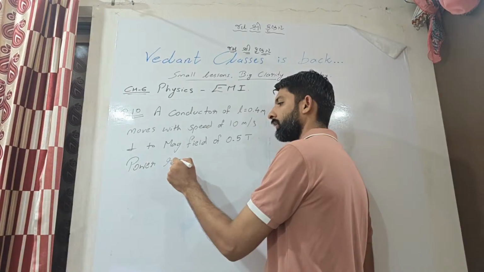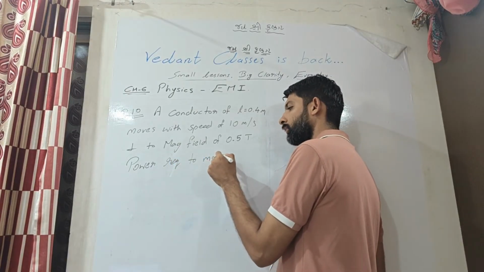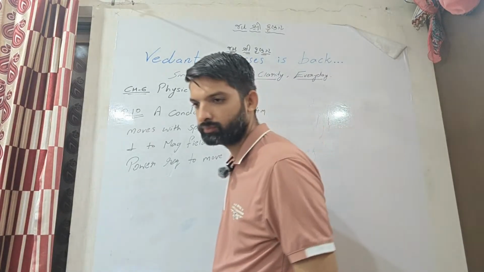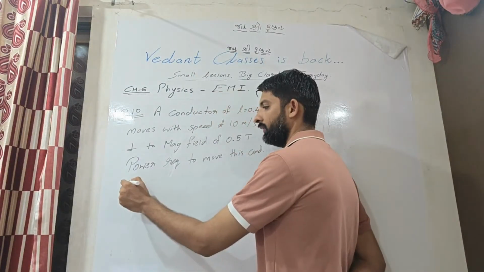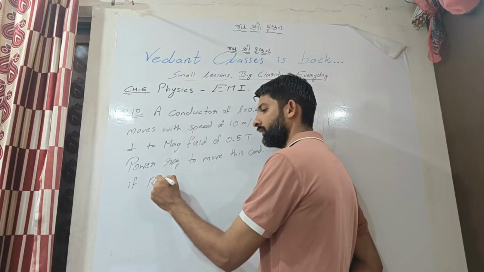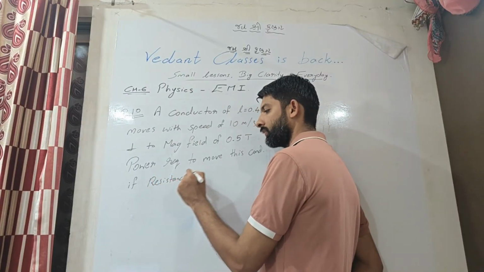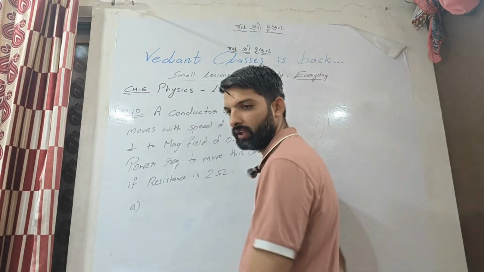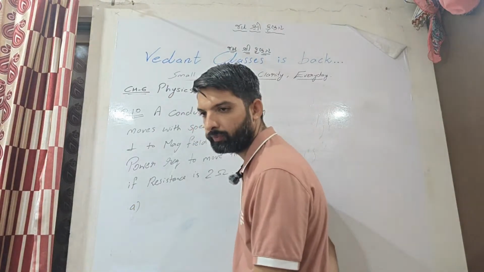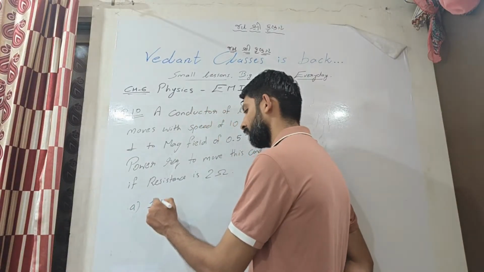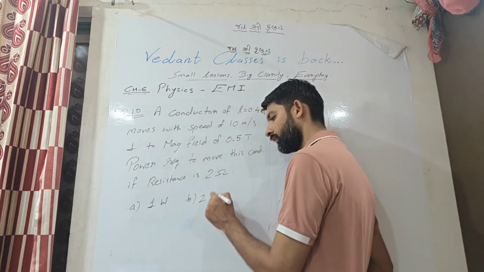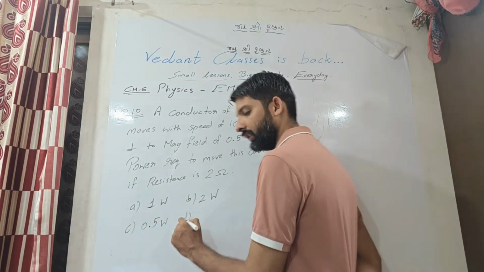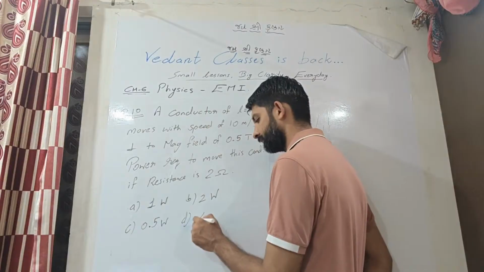Power required to move this conductor if resistance is 2 ohm. Option A, 1 watt, B, 2 watt, then C, 0.5 watt, and D is 4 watt.